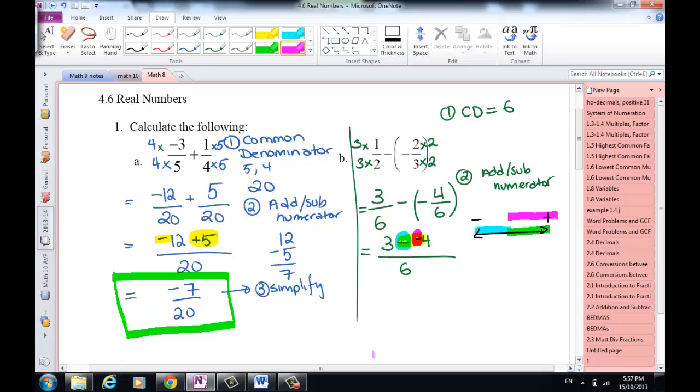So notice that I'm back into the positive direction. We saw this before, so this is review. So a negative and a negative becomes positive, so I can rewrite this as 3 plus 4 over 6. And now again, I'm just going to simplify, and I get 7 over 6. Notice that 7 over 6 is also not simplifiable, so this is my answer.